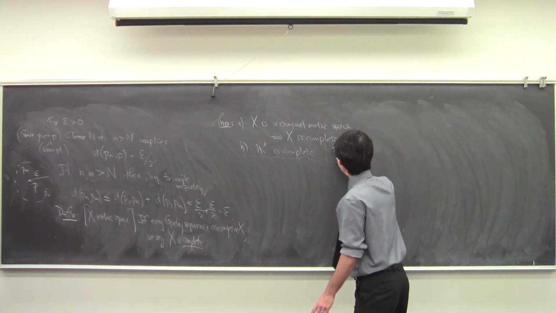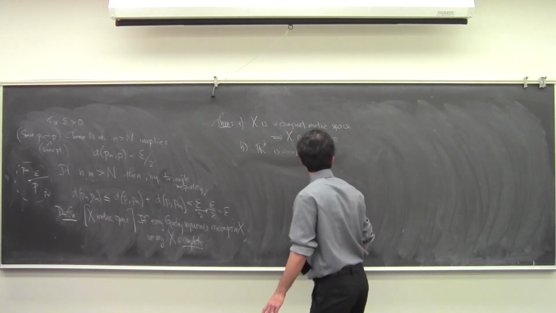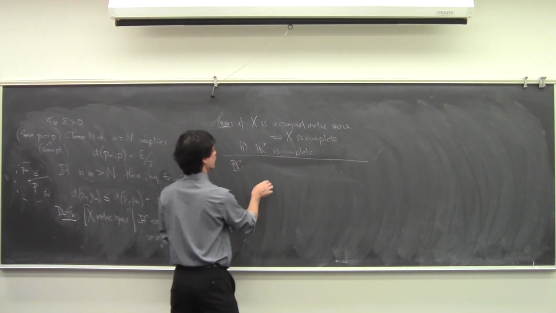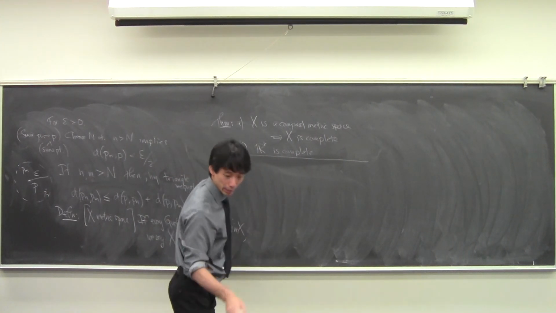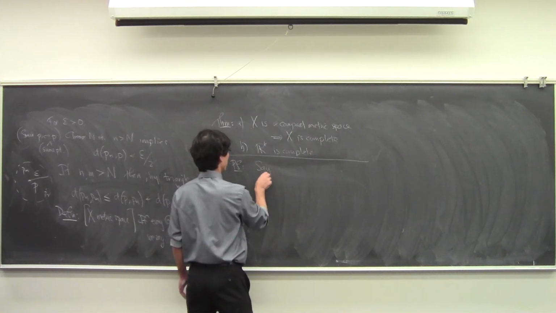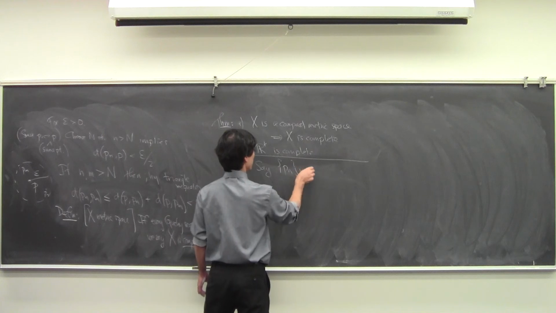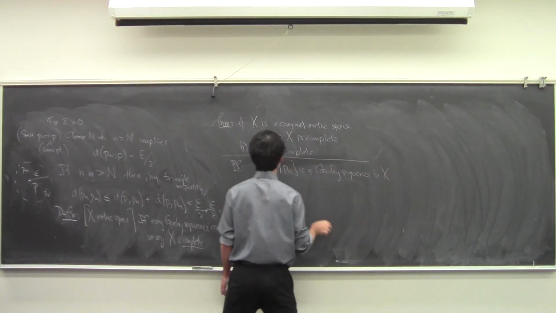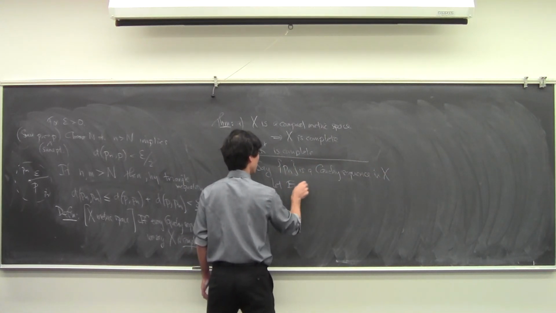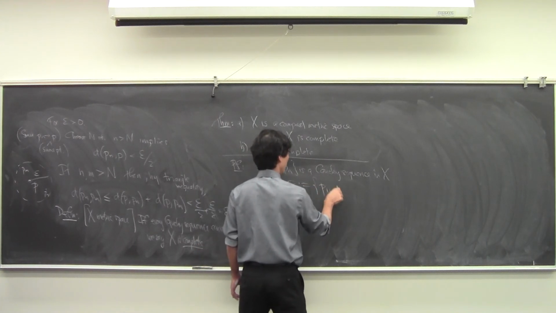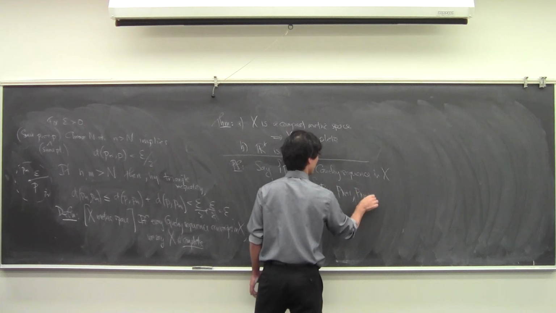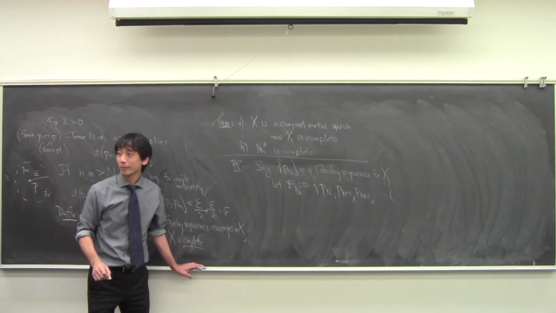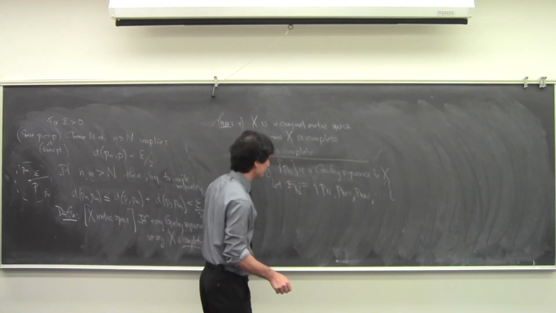Okay, let's do the first part. Say p_n is a Cauchy sequence, and let E_n denote the tail as before: p_{n+1}, p_{n+2}, and so on.